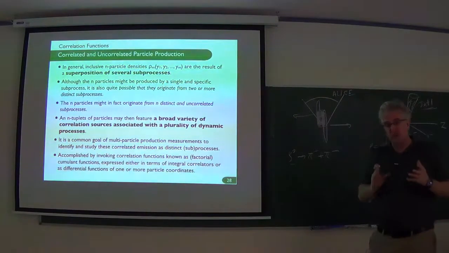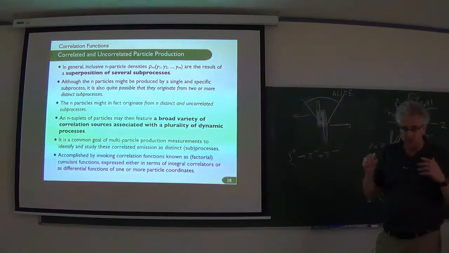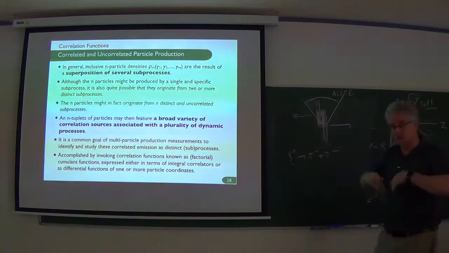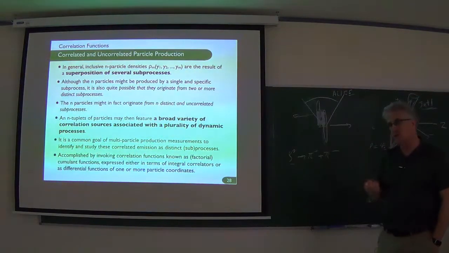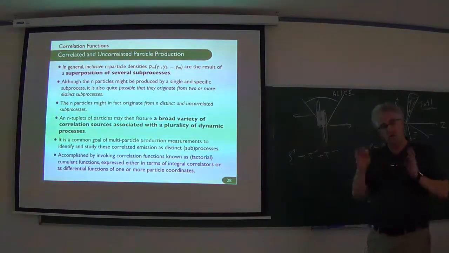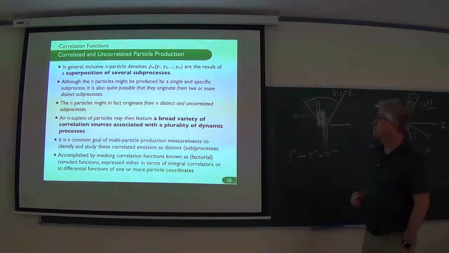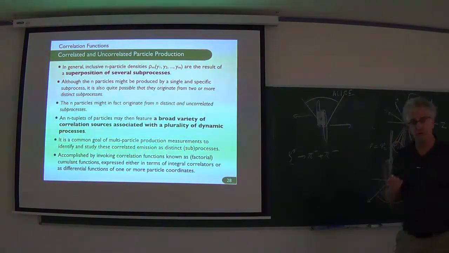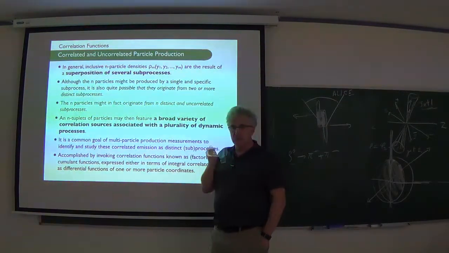The causes of correlations can be many. I mentioned a few: energy momentum, quantum number, geometry, and so on. All these different sources of correlation will act differently on the particle correlation that we try to observe. So what we're going to do here is to try to characterize the correlation based on their source.